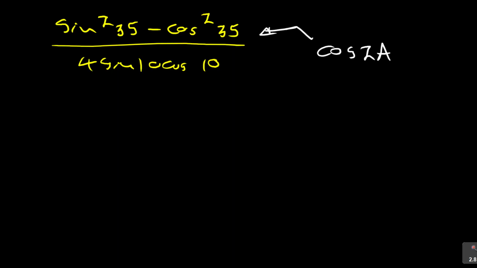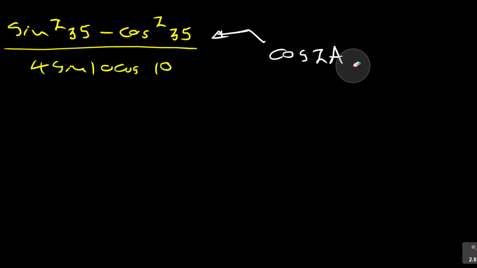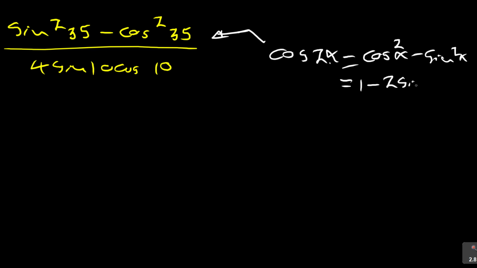I'm going to write them down here. Cos 2 alpha is equal to cos squared alpha minus sine squared alpha, and equal to 1 minus 2 sine squared alpha, and equal to 2 cos squared alpha minus 1.